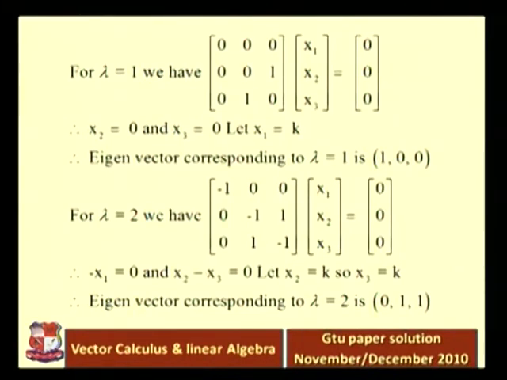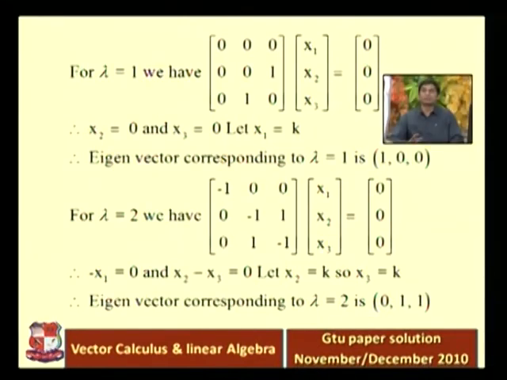So you will get minus x1 equal to 0 and x2 minus x3 equal to 0, and the next equation is the same, x2 minus x3 equal to 0. So assume x2 is equal to k. You will get x3 is also k, because x2 minus x3 is equal to 0.